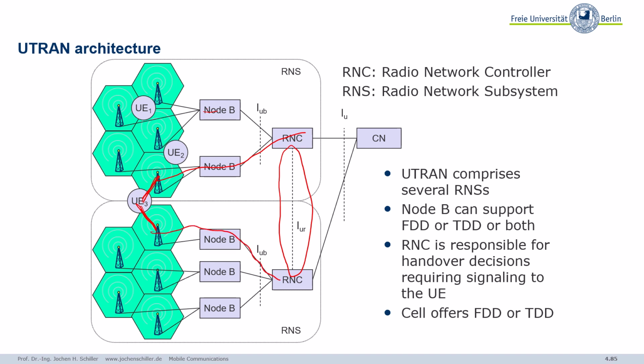Then we have to recombine the data stream here, and this is exactly when we need this connection. We recombine and send it over into the core network. That means the core network will not notice anything from this situation, that you split up and recombine data streams.